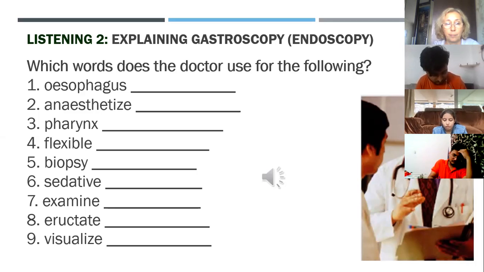Then we are going to pass a bendy tube, which is no thicker than your little finger, down through your throat into your stomach. Okay? I see. The tube will have a tiny camera on the end so that we can look at your stomach. And if we see anything there, what we can do is take a tiny tissue sample. Right. We're also going to blow some air into your stomach to help us see a bit better, so you will feel a bit full and possibly want to belch. It sounds a bit scary. I agree, it can be.